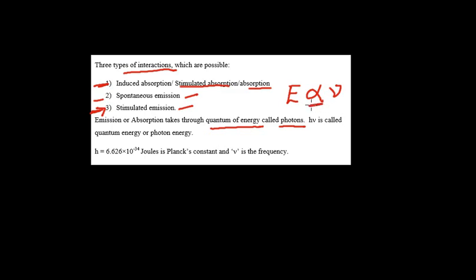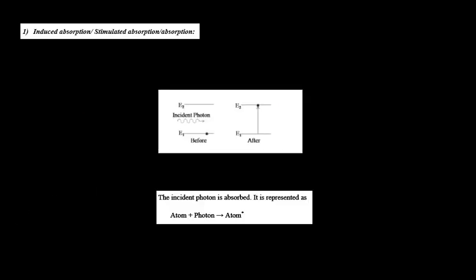If we remove this sign of proportionality, we can write E is equal to h nu, where h is Planck's constant. And there's a particular numeric value for this, which is 6.626 times 10 raised to the power minus 34 joule seconds. So we'll have to use this value while solving numericals based on this topic.